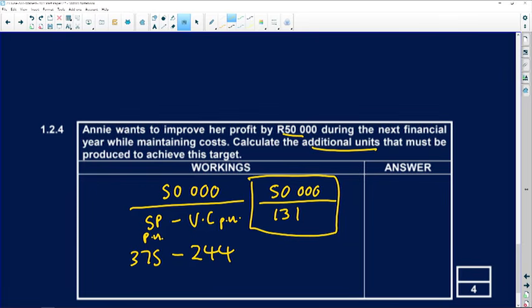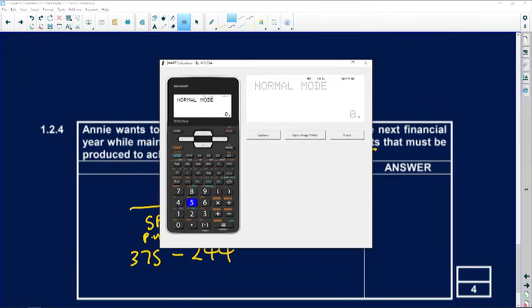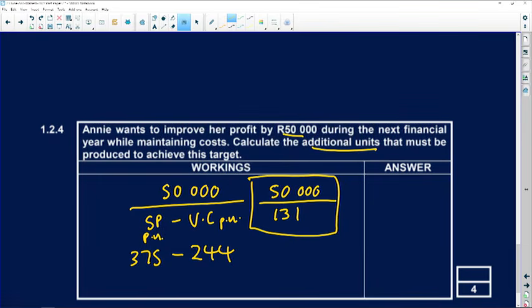Let's do that on our calculator. 50,000 divided by 131, and the additional units that need to be produced, 381.6, I'm obviously converting that into a unit. So 382 units need to be produced in order for her to make that additional profit of 50,000.